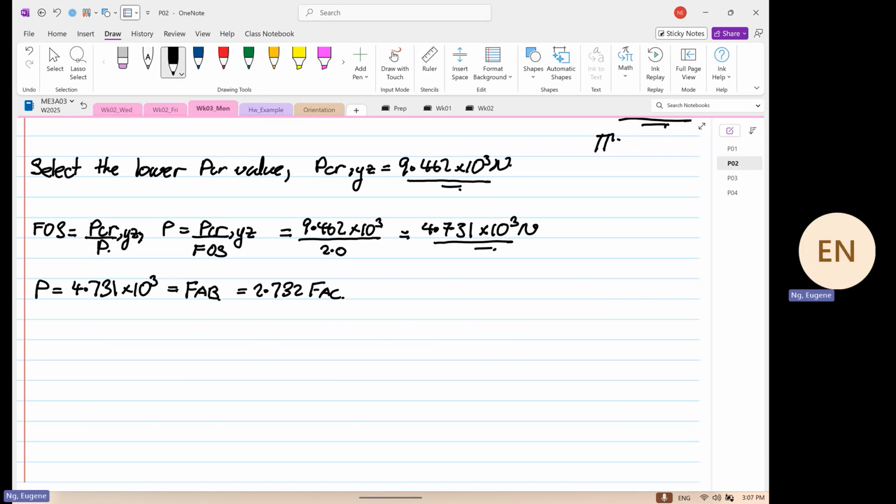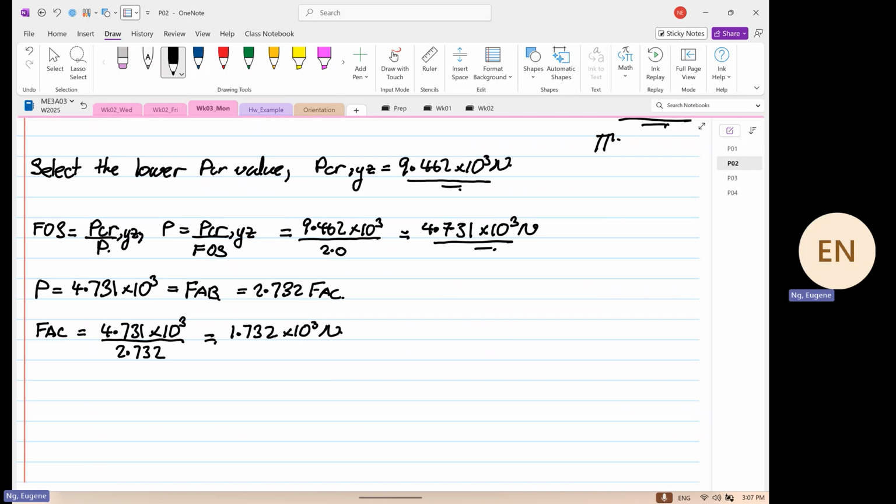So now we have everything. Okay. We know that FAC is equal to 4.731 times 10 to the power 3 divided by 2.732. Okay. So this is equal to 1.732 times 10 to the power 3 Newton.